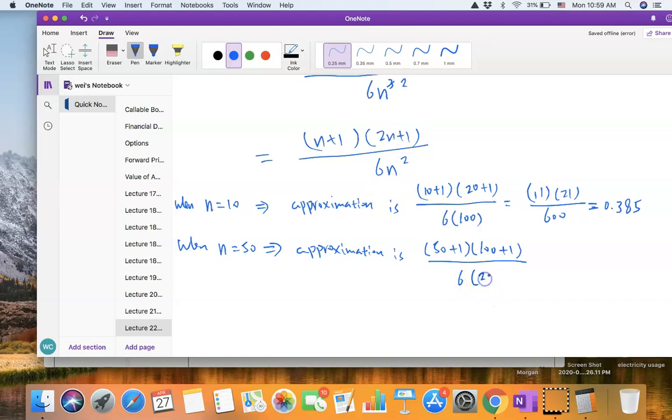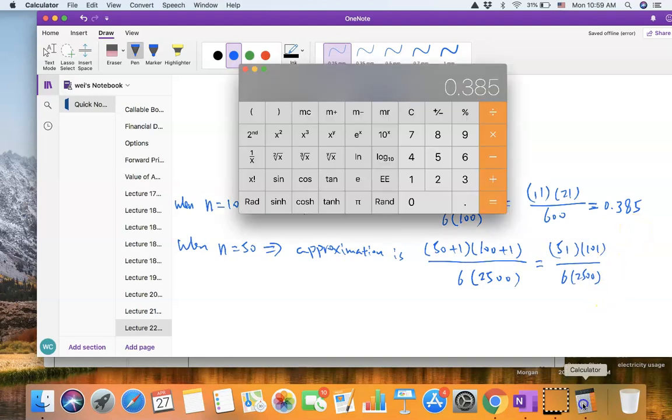So it's 2500 divided by 6 and divided by 2500.